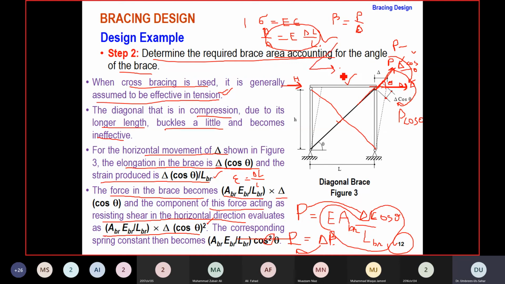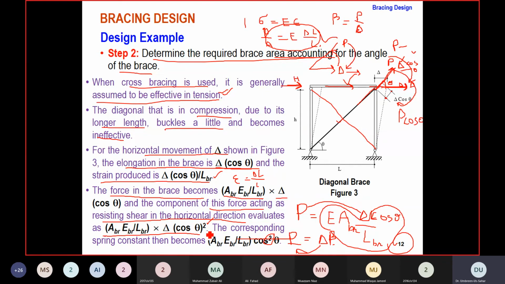First, delta is in the lateral direction. We calculated the component of delta in the direction of the brace, and from this component we calculated the force in the direction of the brace. Then we shifted this force back to the direction of delta. So this P cos theta will be the component of the force in the direction of the actual lateral deflection of the frame.